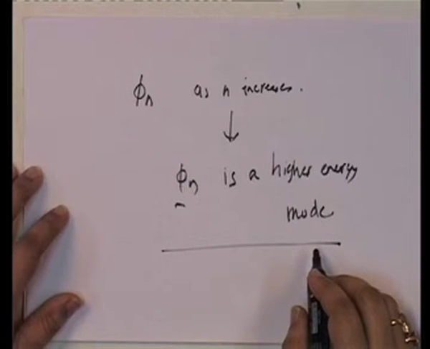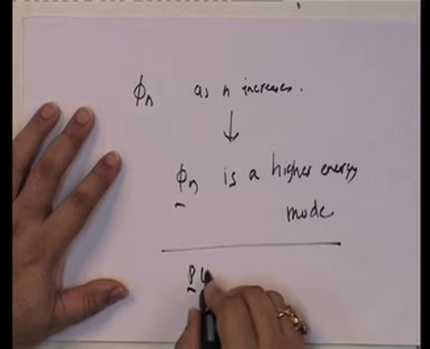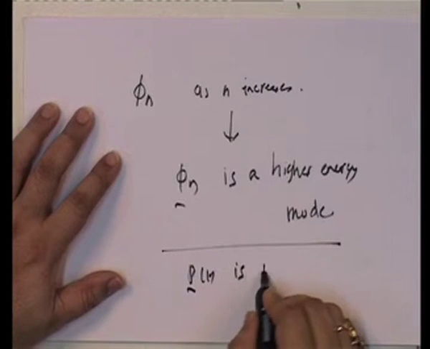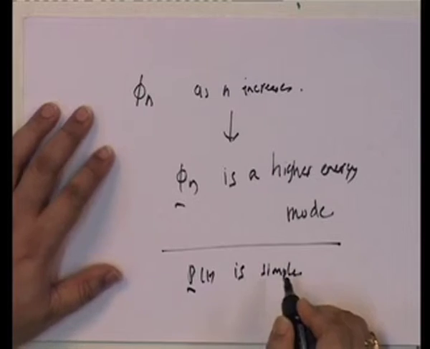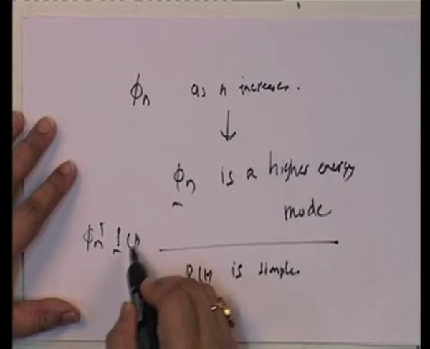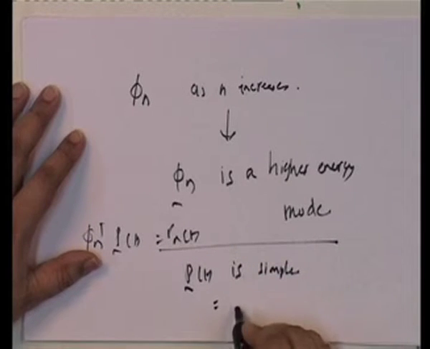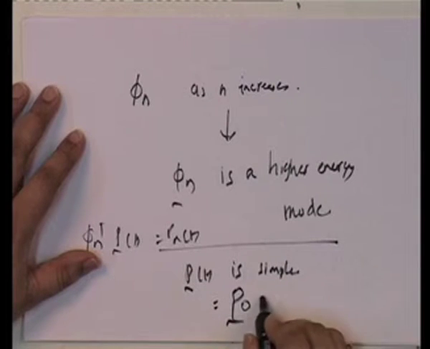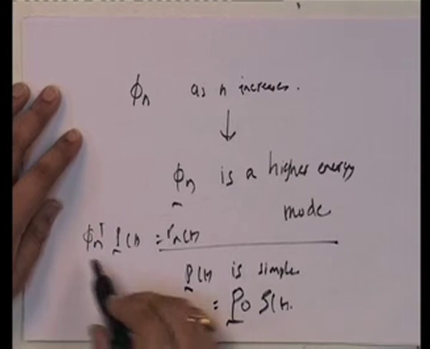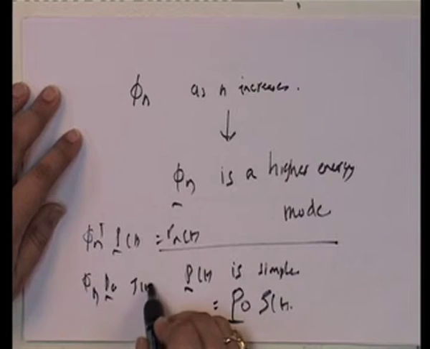And PT is typically simple. If you look at phi n transpose PT, which is Pn of t, PT is given by some vector P into xi of t. So, this basically becomes phi n transpose into P naught into xi of t.